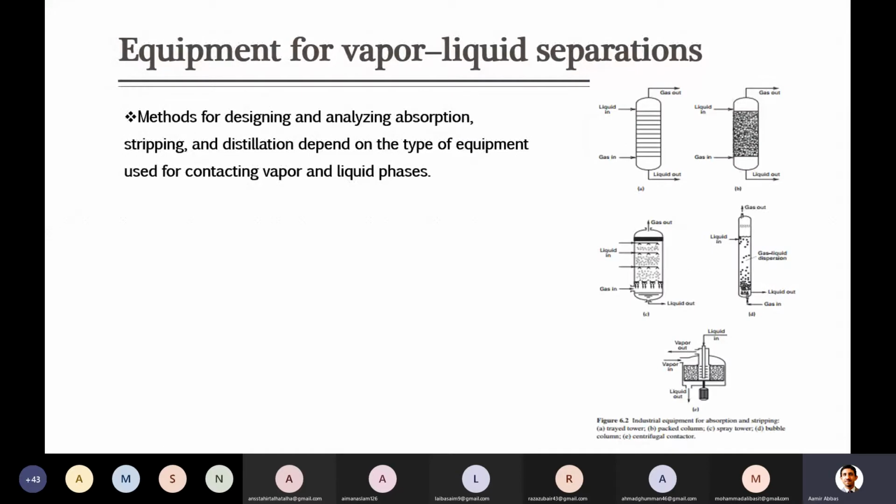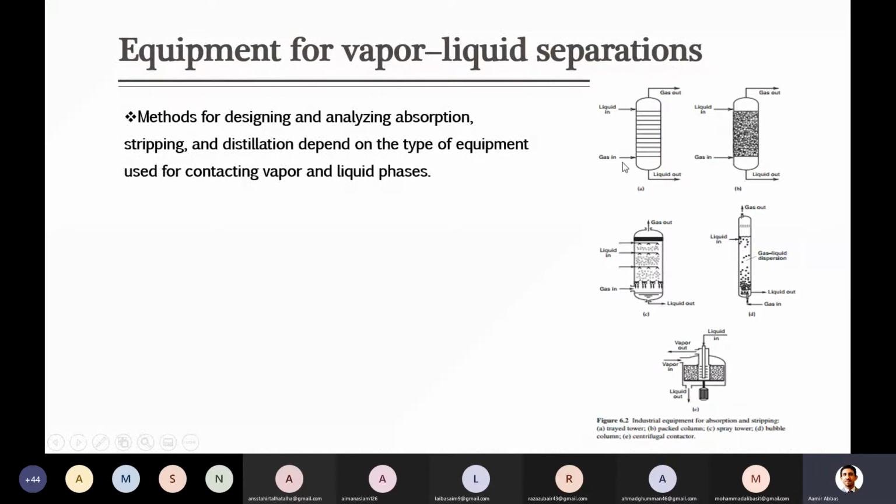In this diagram from your textbook, 5 different types of equipment are shown. The first equipment, which you are quite familiar with now, is a vessel with trays inside.